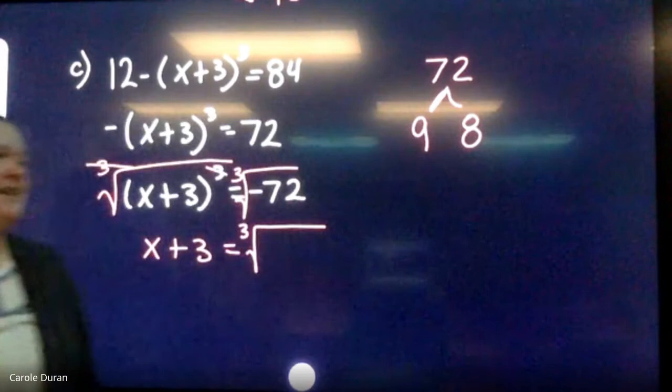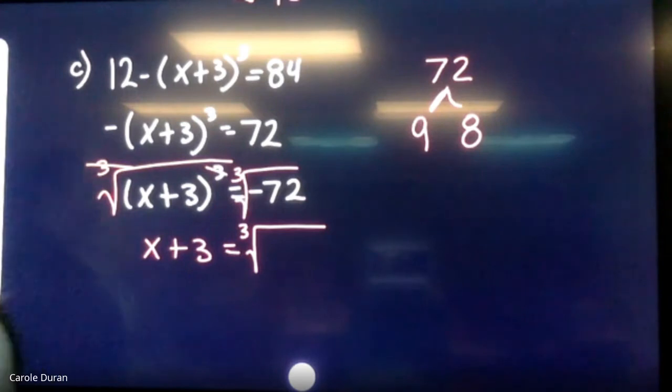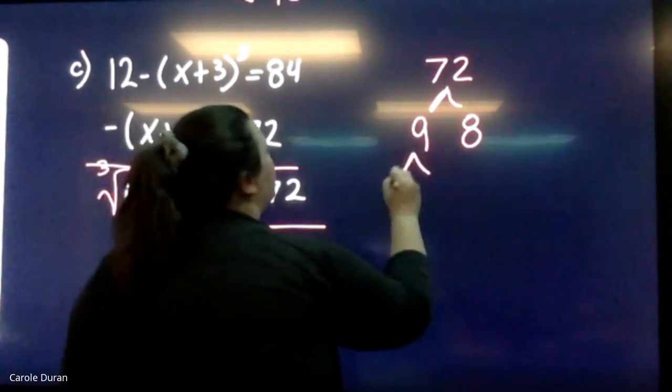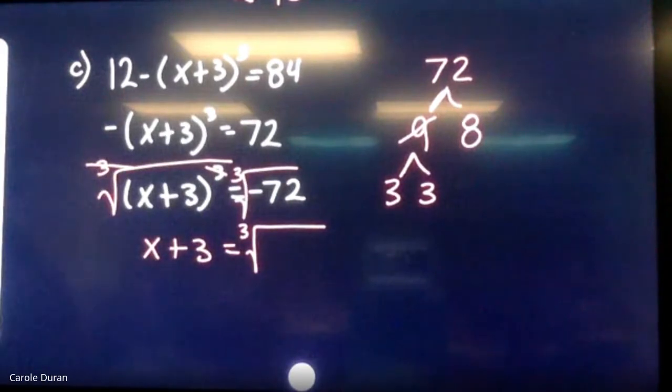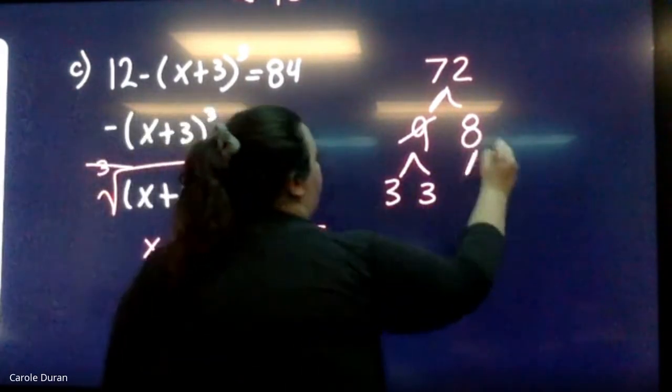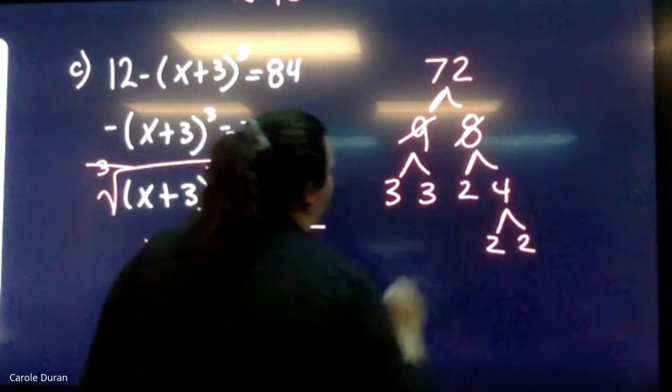9 is not a prime number, and neither is 8, so they can both break down farther. 9 breaks down into 3 and 3, both of which are prime, so I'm good there. 8 breaks down into 2 and 4. 2 is prime, 4 is not, so it can break down farther, and it breaks down into 2 and 2.